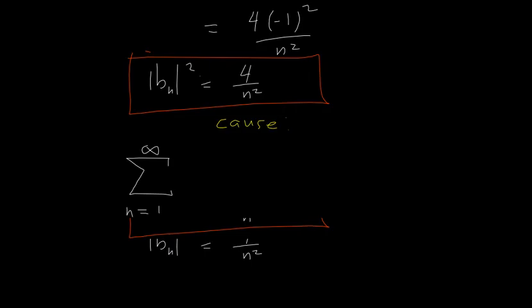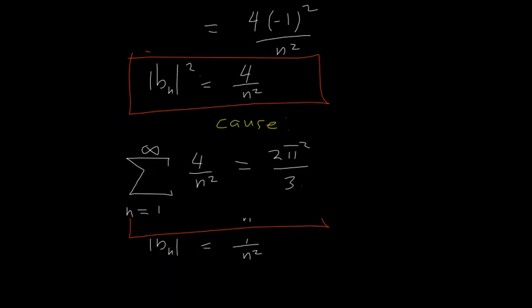The sum from n equals 1 to infinity of 4 over n squared. That's from Parseval's identity, because you know that the sum from n equals 1 to infinity of b sub n squared will be the sum from n equals 1 to infinity of 4 over n squared. We know what our b sub n squared is, and this is equal to 2 pi squared over 3.